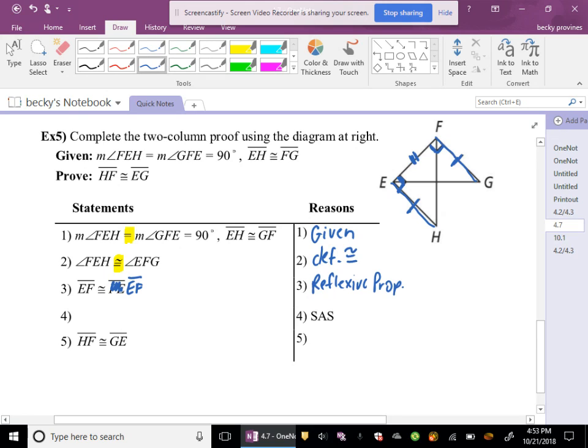Okay, so hopefully you're seeing that you have 2 right triangles. So what we need to do is, once you have 3 things that are congruent, which we do, we did one in each step here, we have enough information to write our congruency statement.